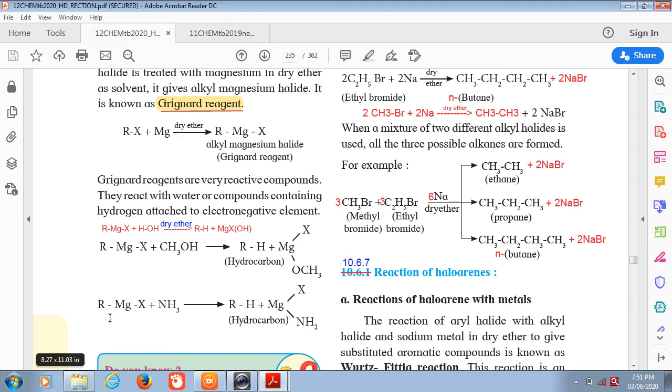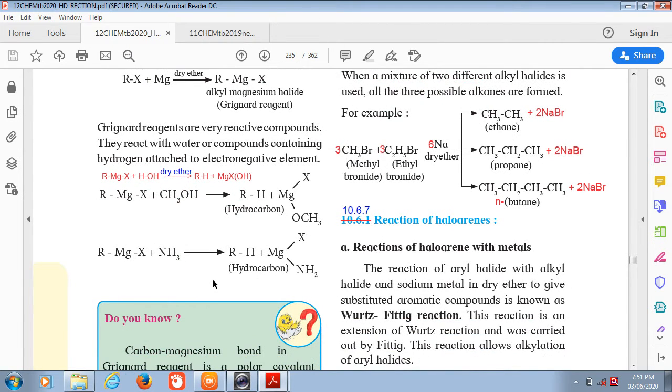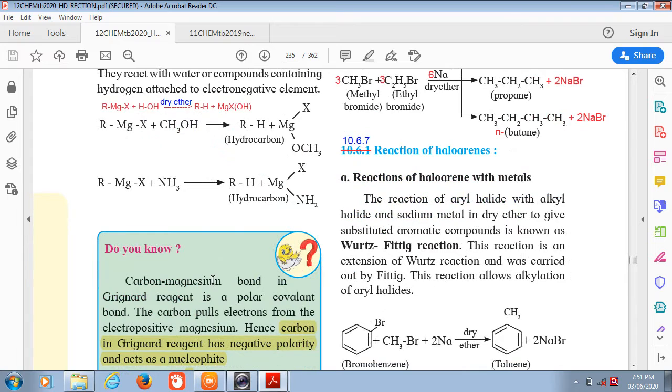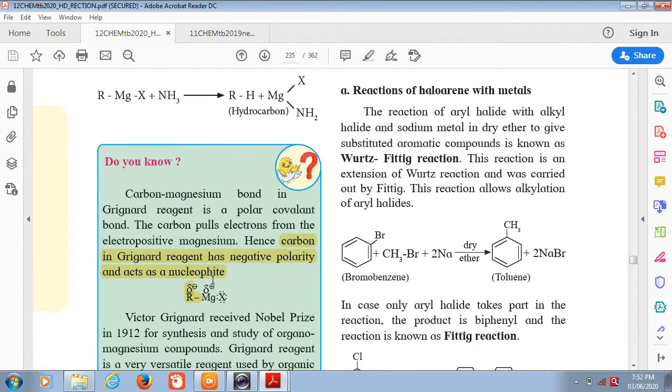And when RMgX reacts with ammonia NH3, it gives RH plus MgXNH2. So if we change the reagent, then only the byproduct changes, but our main product is RH. So this is the use of the Grignard reaction, and for this the scientist Victor Grignard received a Nobel Prize in 1912.